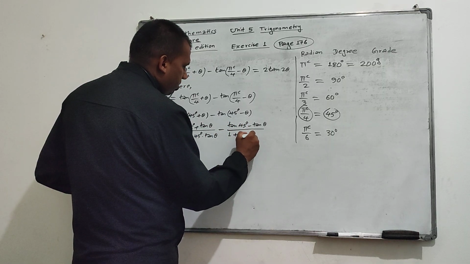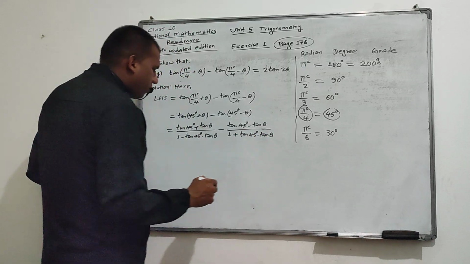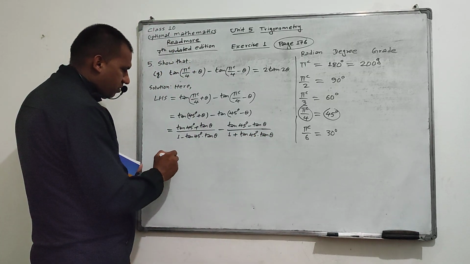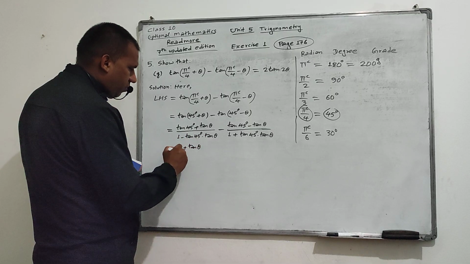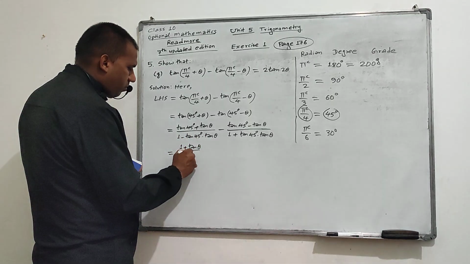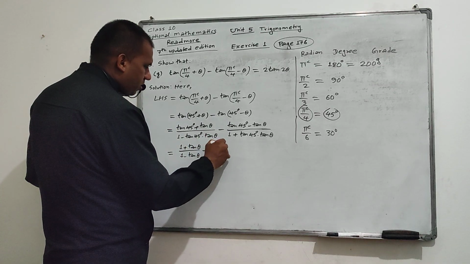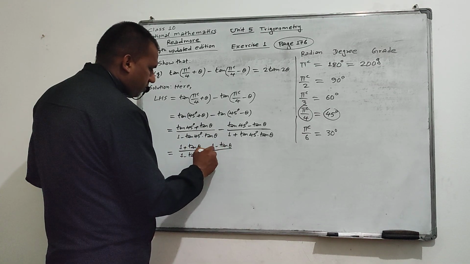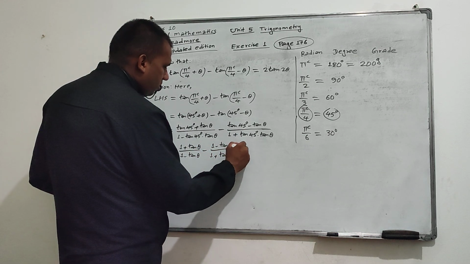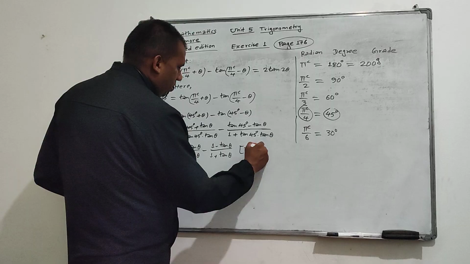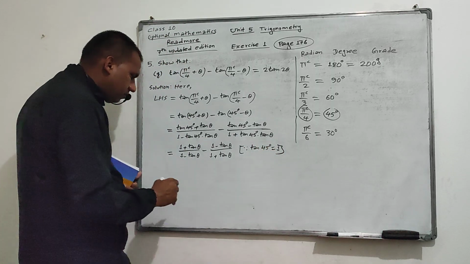So 1 plus tan 45 tan theta. We know that the value of tan 45 is 1, so it becomes 1 plus tan theta all upon 1 minus tan theta, minus 1 minus tan theta all upon 1 plus tan theta, because tan 45 degree equals 1.